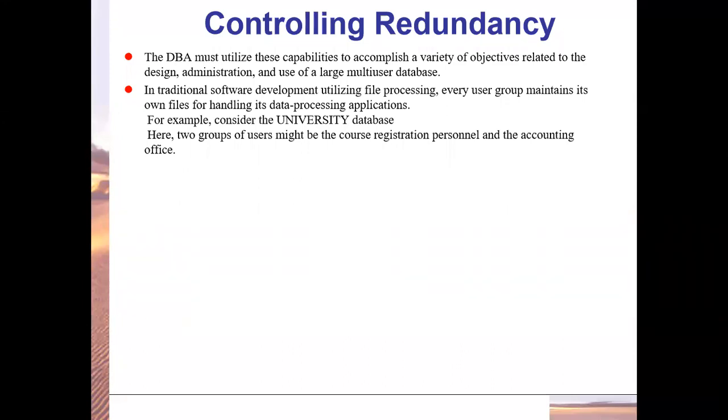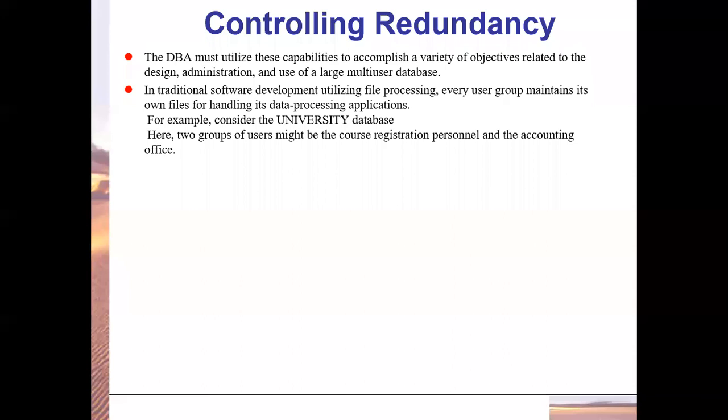Because everybody is doing the same task at a separate location, this is nothing but redundancy, because the same information is repeatedly stored at multiple places. So this is called redundancy, and this is how redundancy causes inconsistency. I had told you about this example.